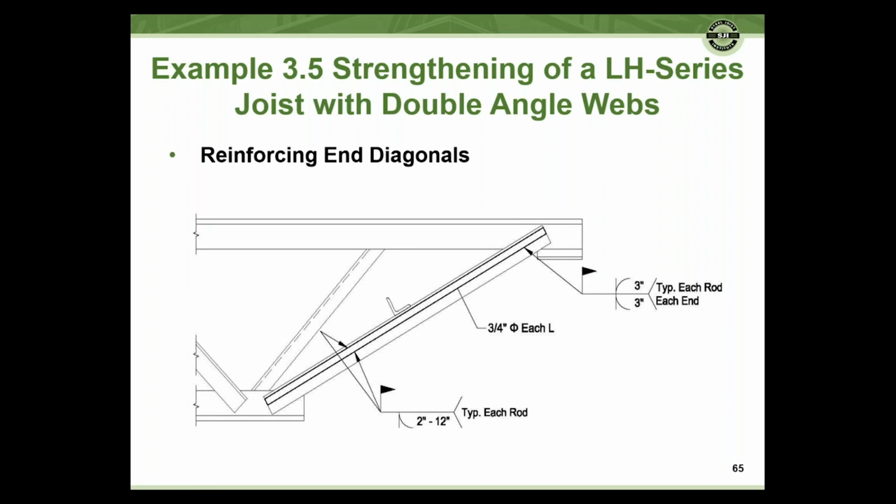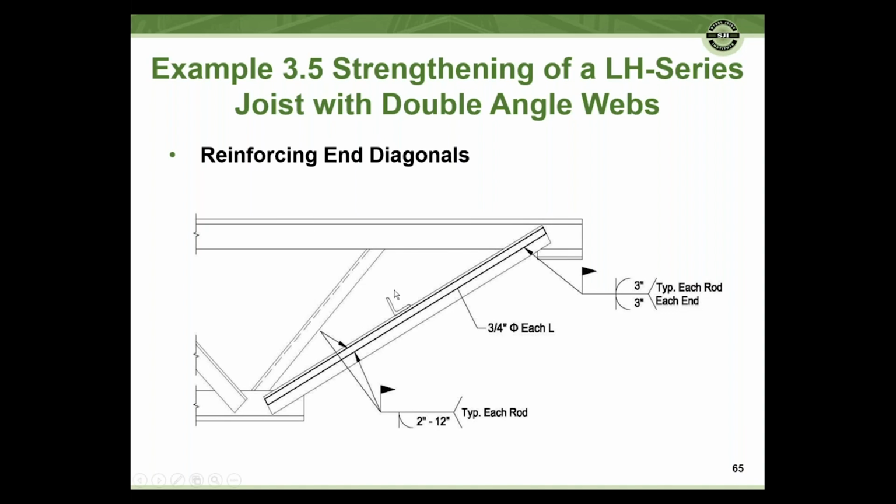Now, the angle itself may have been good by itself in compression. I would note that what's shown here is an angle, a tie angle, which pretty much every manufacturer uses when you have double angle webs. When they use double angle webs, they will add a tie angle near the mid-span. It'll add a lot to the compression capacity of that angle.